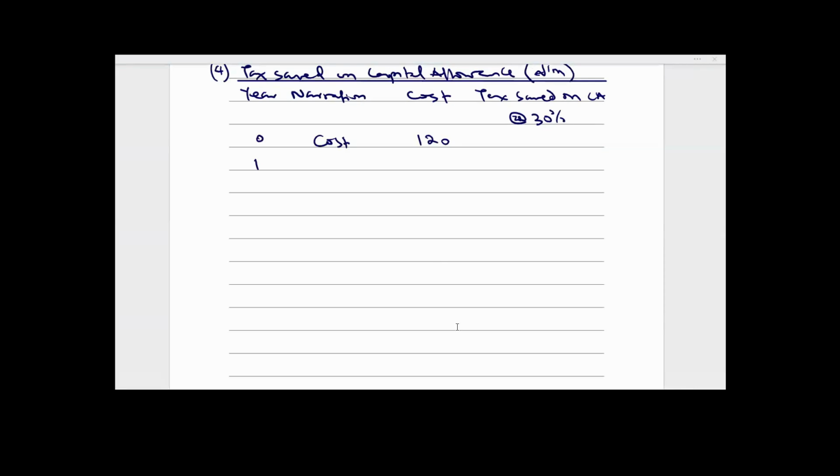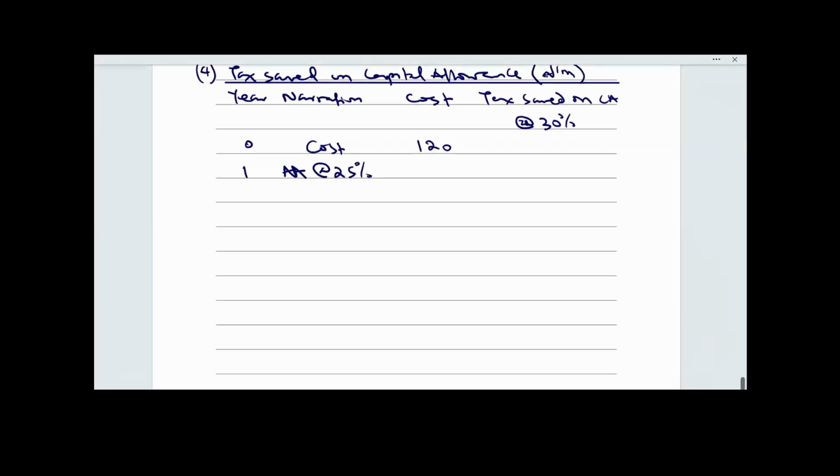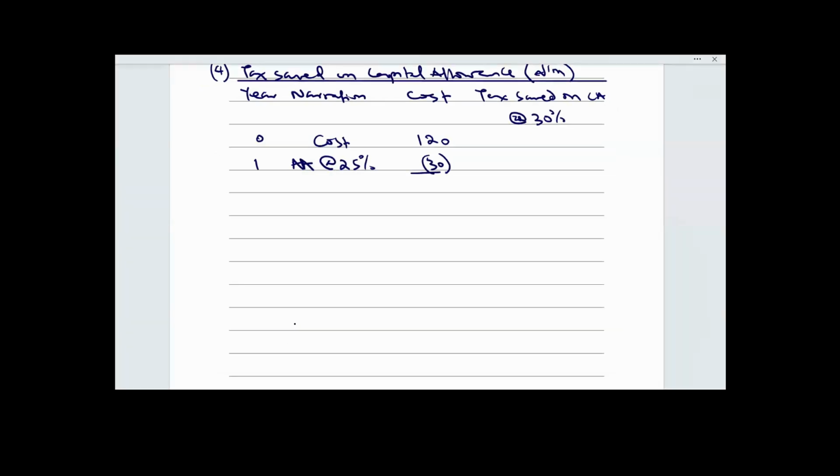So I would then say annual allowance at 25%. So 120 multiplied by 0.25 equals 30. Here is 30. 120 minus 30 will give us 90. This is tax written down value at the end of year 1.